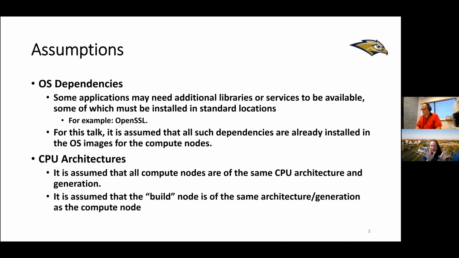Same architecture, same generation. Here at ORU, we actually have the same architecture. It's Intel based, but we have 3 different generations. We have 3 different EasyBuild hosts, and we have 3 different NFS mount points for the EasyBuild deployed applications. I'll be getting into that a little bit, but not for a single architecture. We use automount to disambiguate which of those 3 a given node needs to mount, and it all just works.